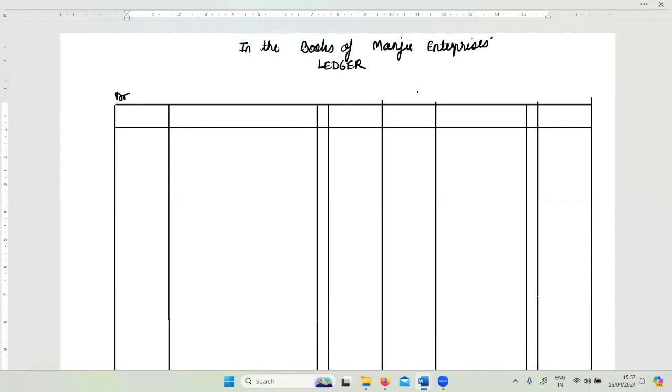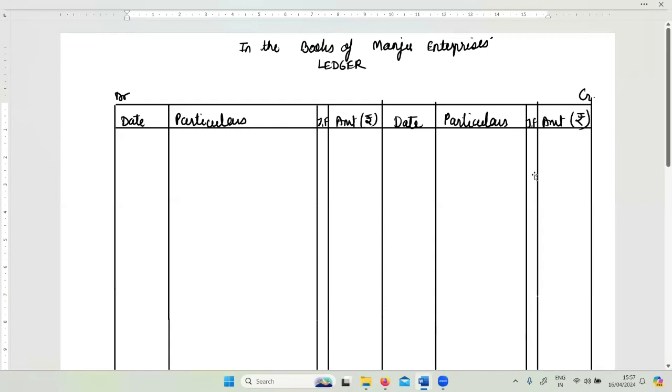If we say debit and credit, date, particulars, journal folio, amount, which will be in rupees. Again, I'm repeating the columns for credit side: date, particulars, journal folio, and amount, which will be again in rupees. Fine. So this is the ledger accounts.